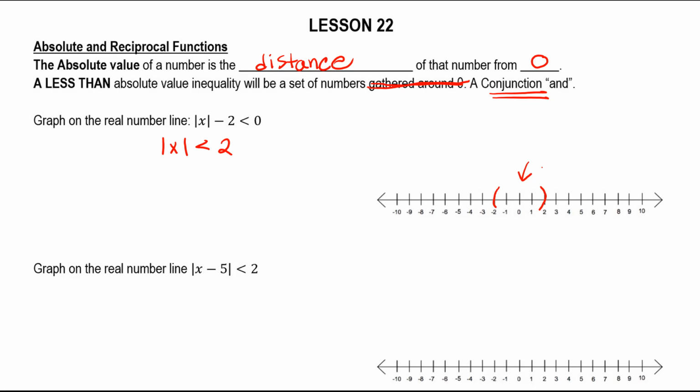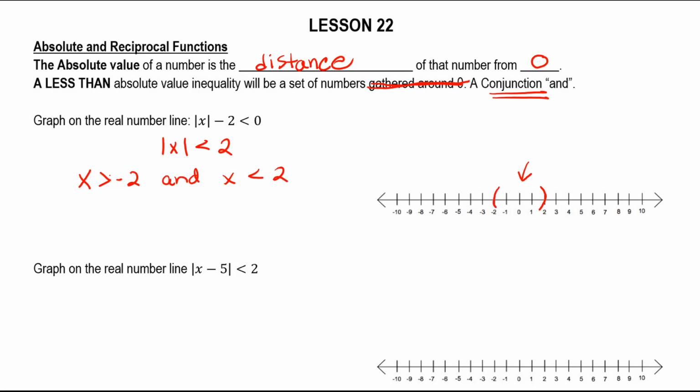It means the distance from 0 of x is always less than 2, so it never goes any further away than that. Therefore, another way you can think about that is to say x is greater than negative 2 and x is less than 2.